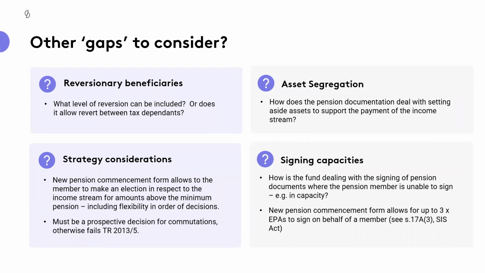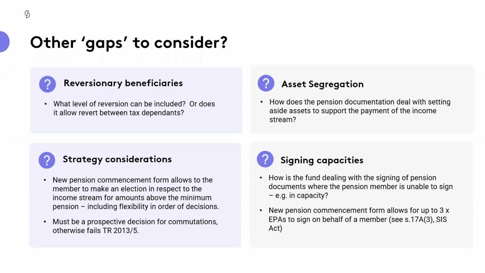Well, there's a few in here that we can see that we've tried to overcome in our own pension documents. Now, yes, there is an ability to simply choose a reversionary beneficiary, but as is the case we're seeing more strategically these days, given the transfer balance cap, you may want to specify the level of reversion.